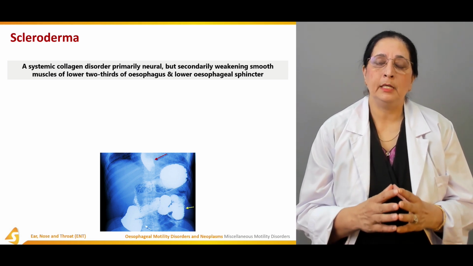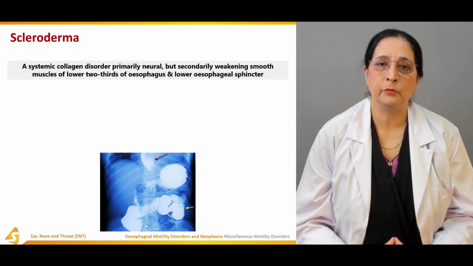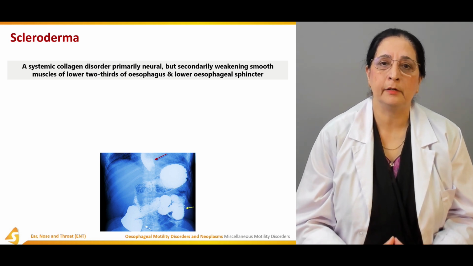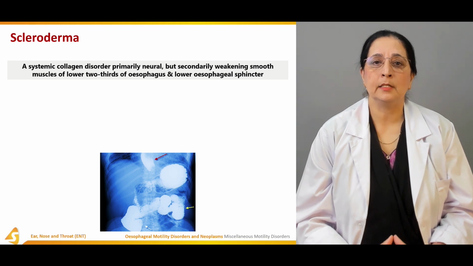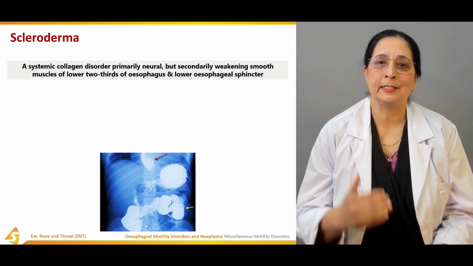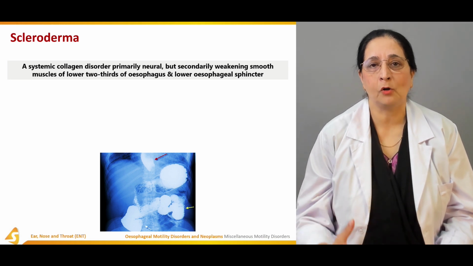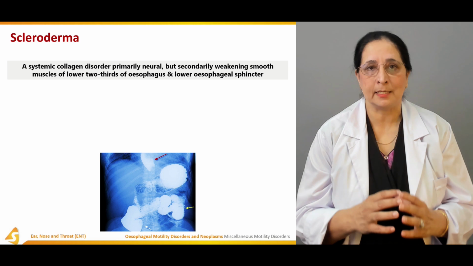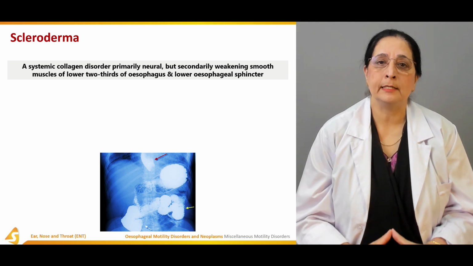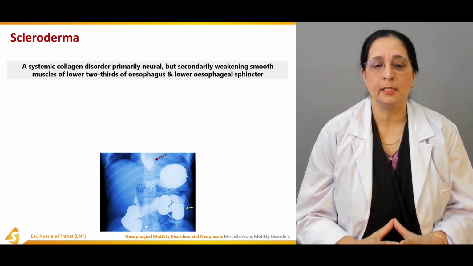There will be retention of the food in the lower esophageal region, and the sphincter is not opening properly, so the food stays there until enough pressure builds up to open the sphincter, and then some of the food can enter the stomach from the esophagus.